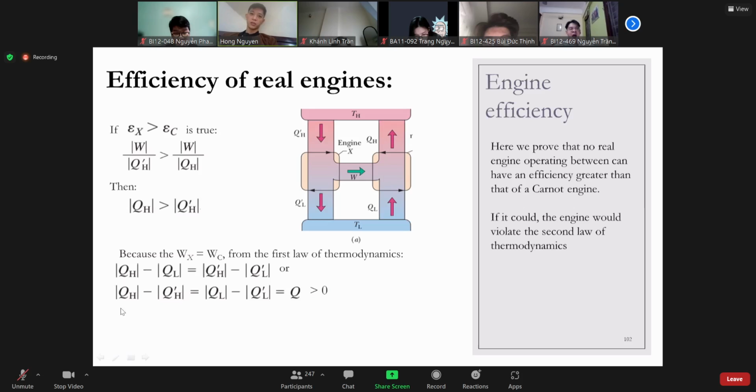And because we know that QH is greater than Q prime H, this one is positive. We call this amount Q, and this one is bigger than 0. Good. Do you understand until here? I hope so. Nothing hard to understand, right?